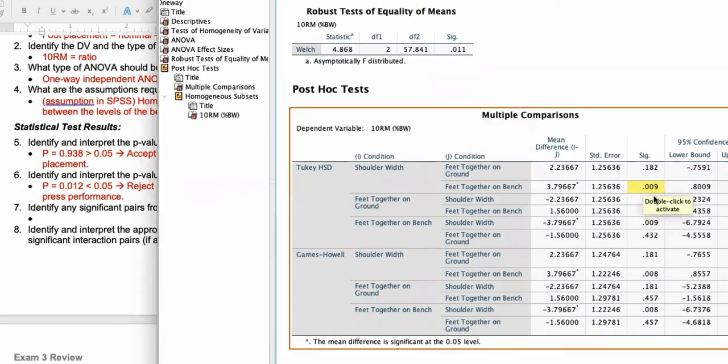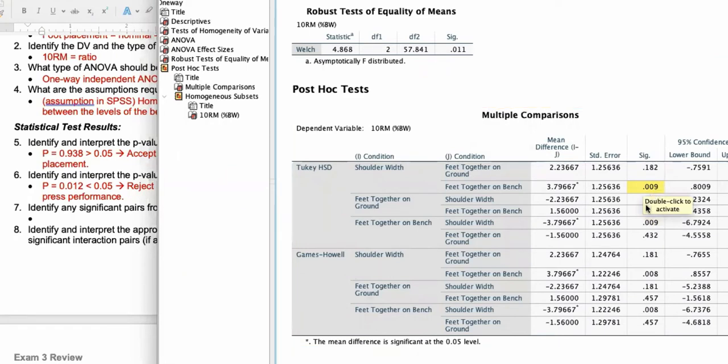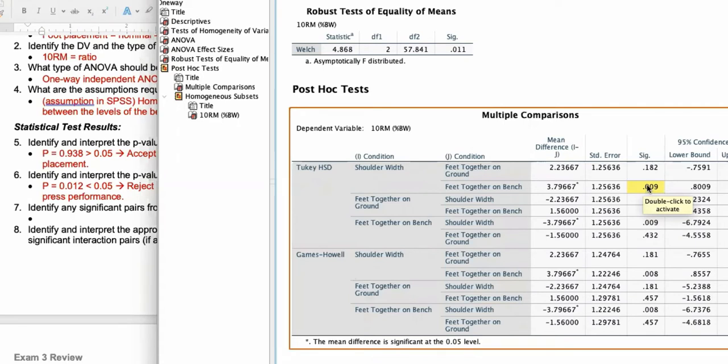But I've highlighted already in here what our significant pairs are, which it seems is just shoulder width versus feet together on the bench.